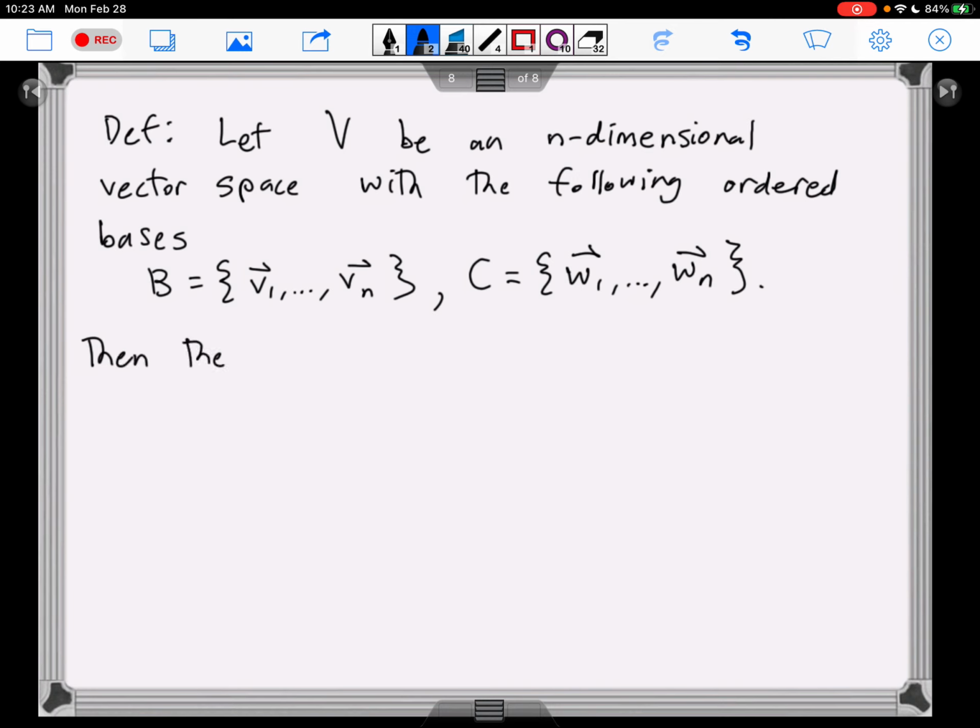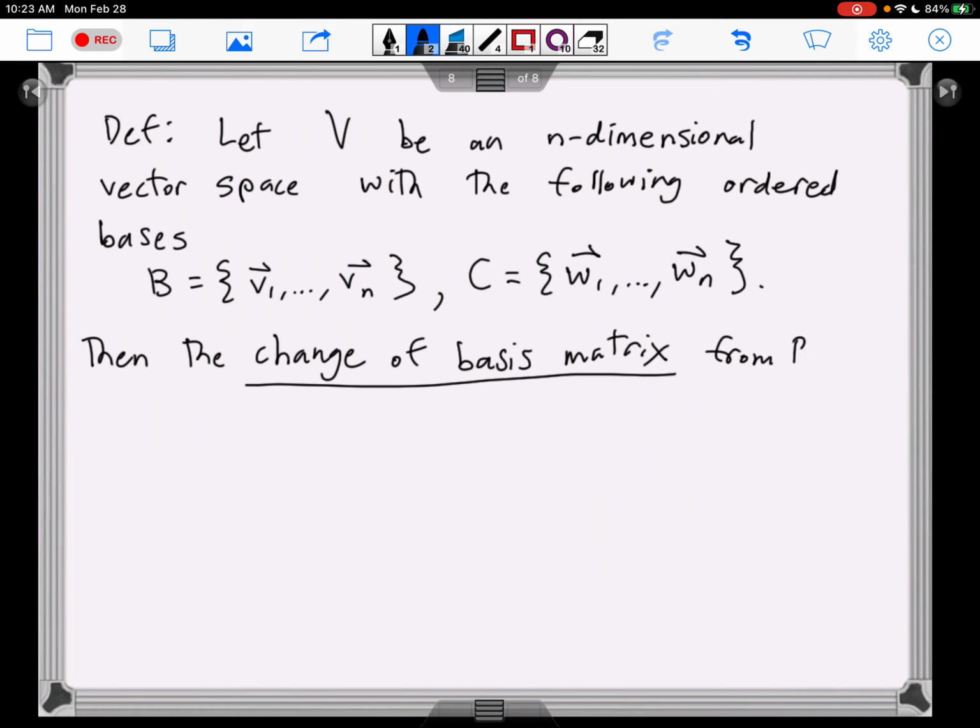Then the change of basis matrix from B to C, the order matters here, is written as follows. Yes, that's a weird way to write a matrix, but that is a matrix. That's the way your book writes it, so we're going to stick to that.